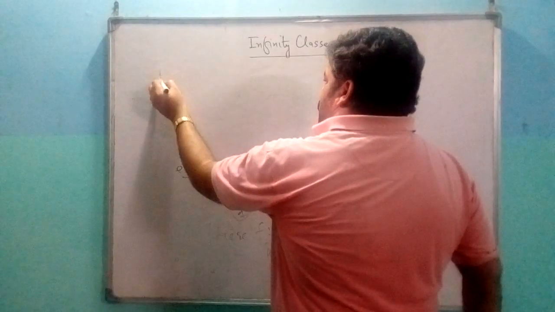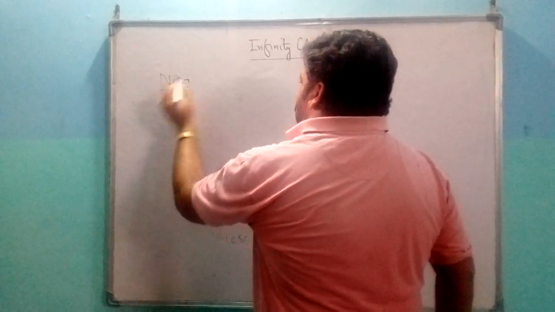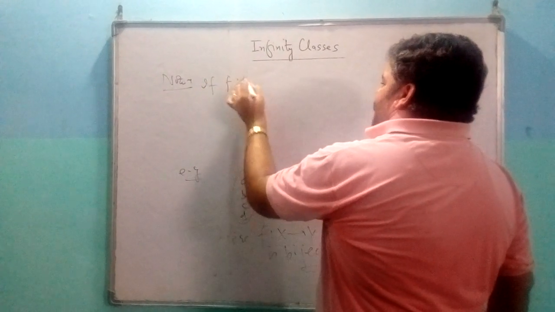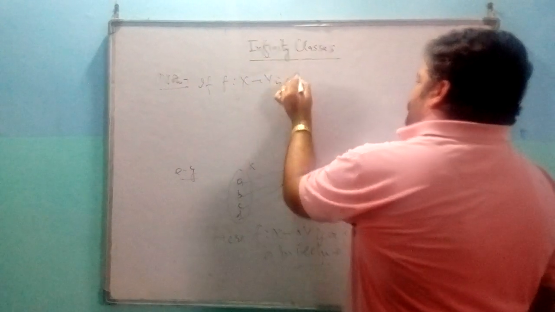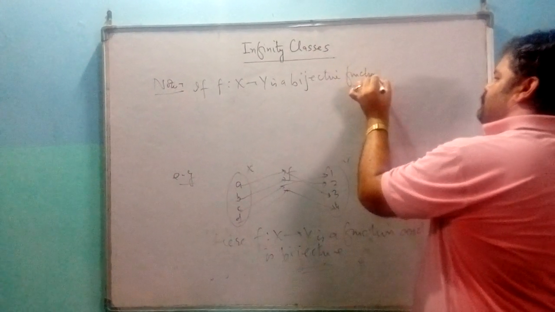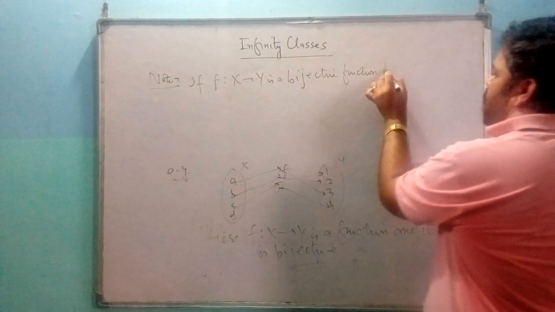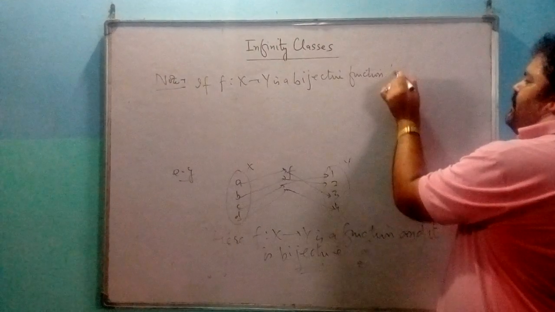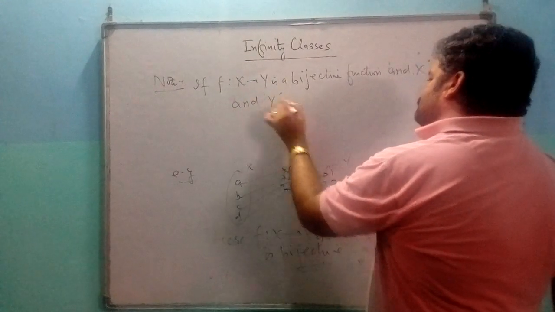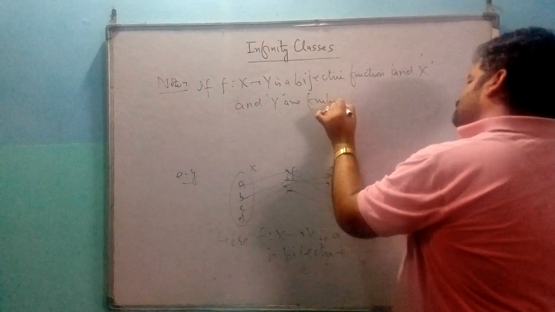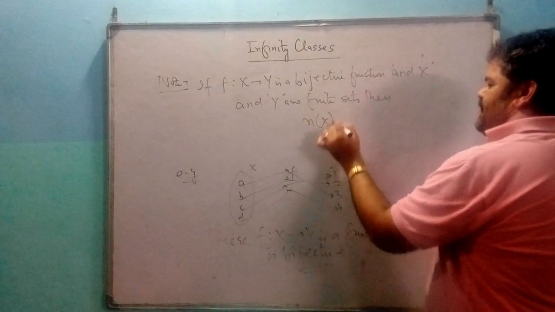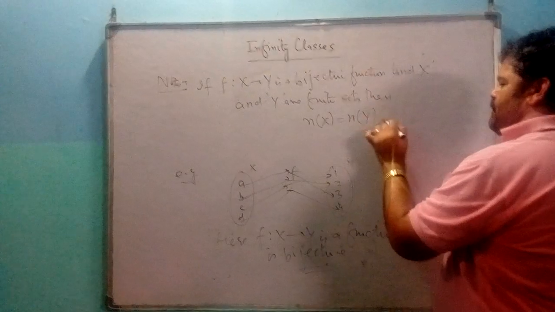Note, if f from x to y is a bijective function, and x and y are finite sets, then number of elements in x is equal to number of elements in y.